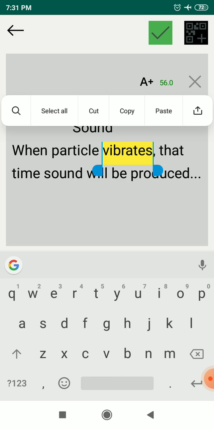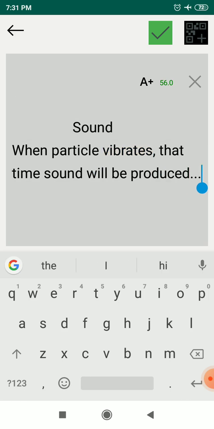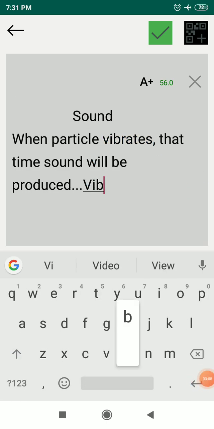Okay, let's discuss some characteristics of vibration. What is vibration?